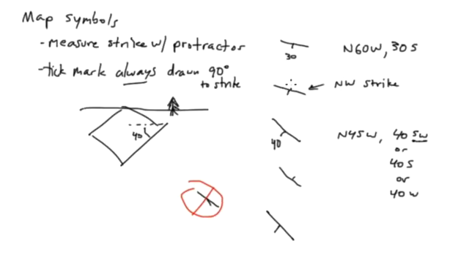It's going to be a tick mark on one side or the other. You couldn't have a northwest strike and a northwest dip, or a northwest strike and a southeast dip, because the direction of the dip is defined to be 90 degrees to the strike. So those questions deal with that. And that's a way to check your work: when you're recording a strike and dip, you can sometimes find an error because you've written something that's not actually possible.